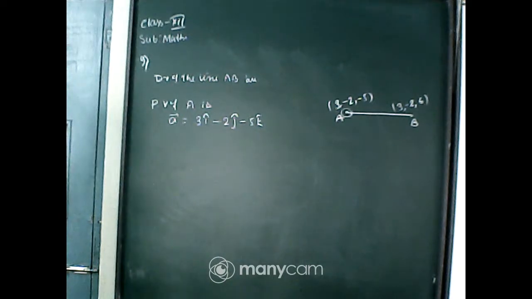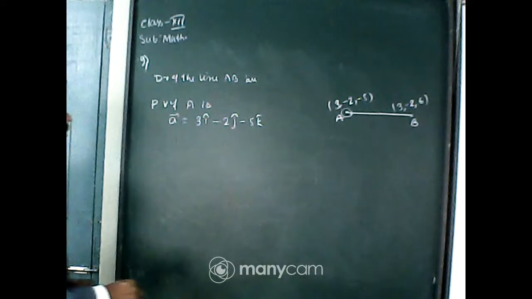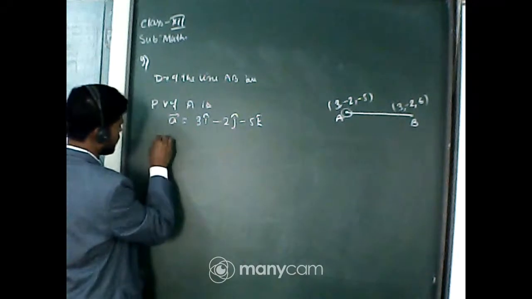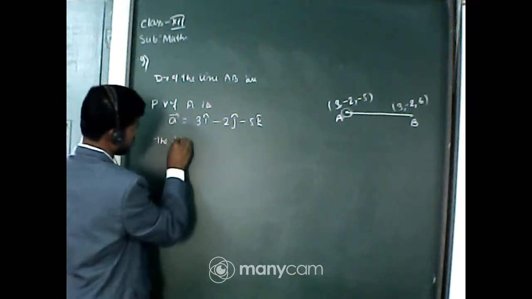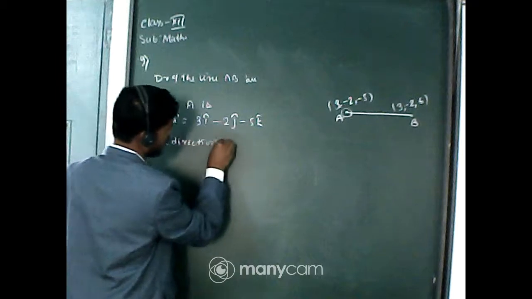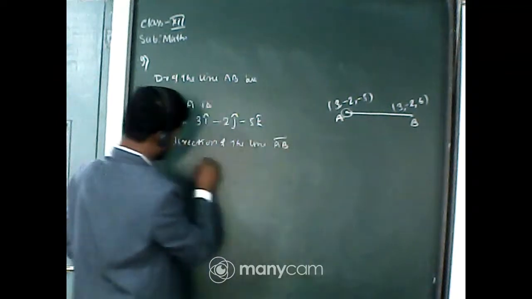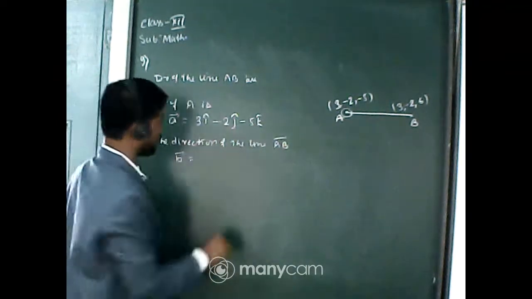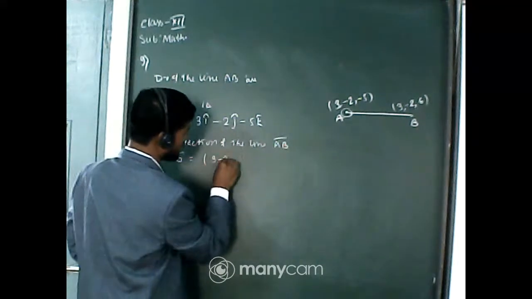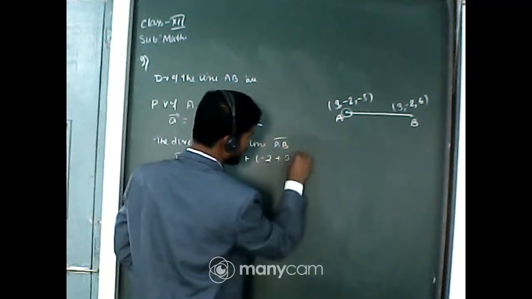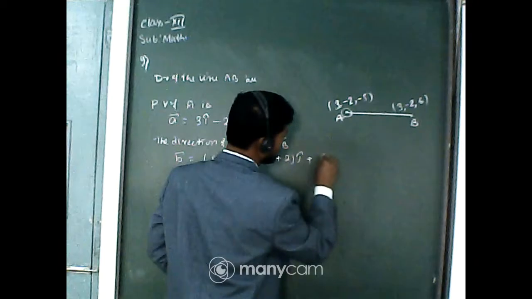Now we have to find the direction of AB in vector form. So in vector form, the direction of the line AB, if I say it by b, so the b vector will be equal to (3 minus 3) i hat plus (minus 2 minus minus, plus 2) j hat plus (6 plus 5) k hat.